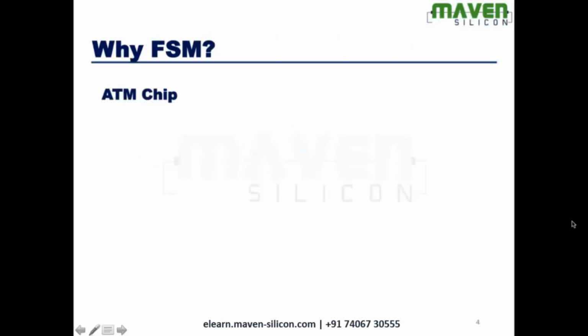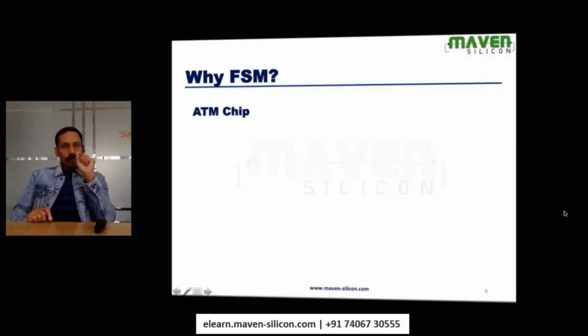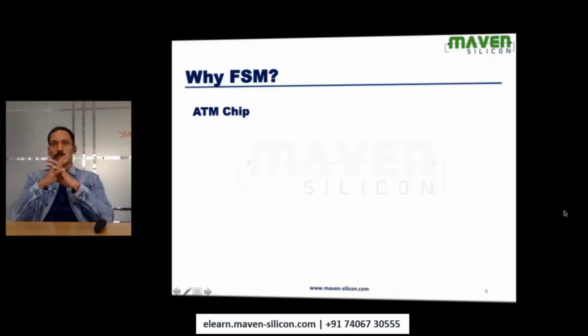Why FSM? Before jumping into FSM design, we need to know why we go for finite state machine. Let's say we want to design a chip for an automated teller machine. You must be familiar with the ATM. You insert your credit card or debit card, you get the cash. But actually, it's not going to be very simple and straightforward like this.